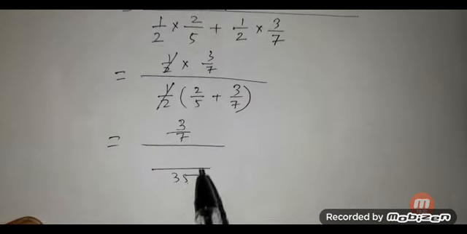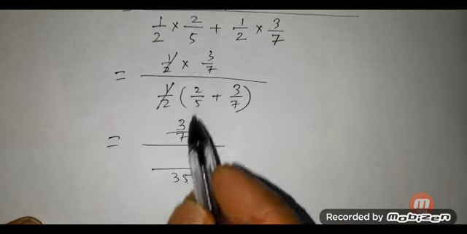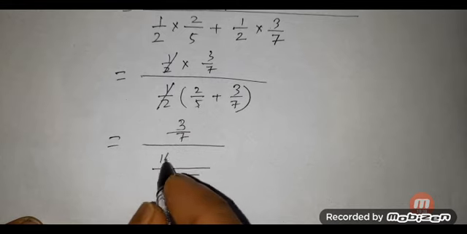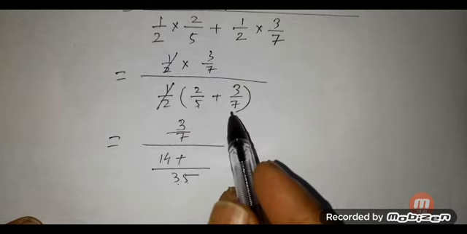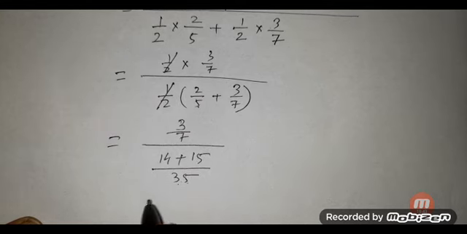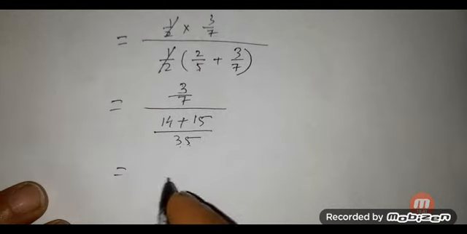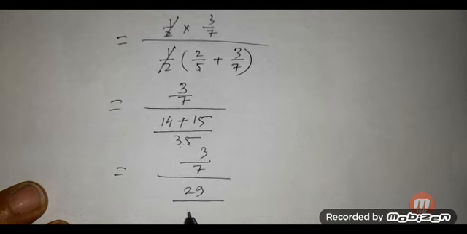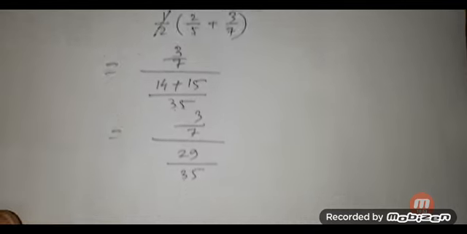So we get 35 by 5 is 7, 7 2s are 14, plus 35 by 7 is 5, 5 3s are 15. So that is equal to 3 by 7 divided by 29 by 35.